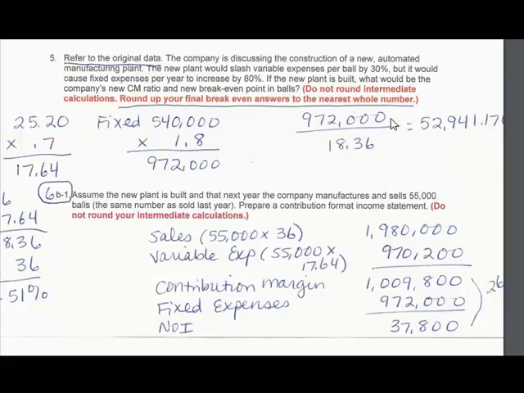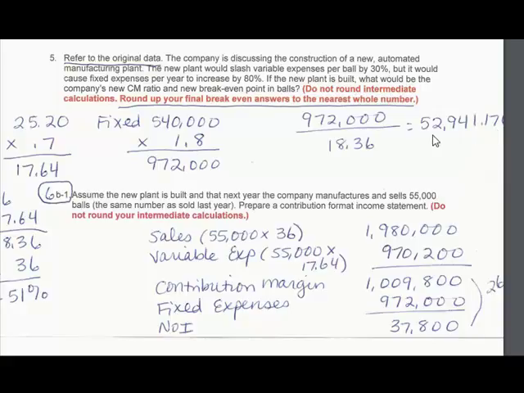So to get that new break-even point, I'm going to take my new fixed expenses that I calculated here, divide by my new unit CM, which I calculated over here, and my answer, you can see, has some digits to the right of the decimal, but I was told to round up to the nearest whole number.